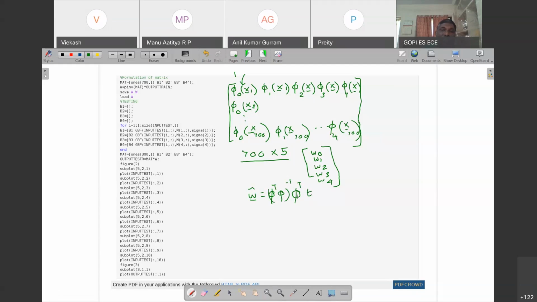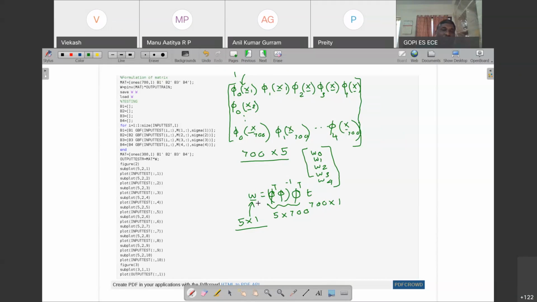Remember that you have here 700 cross 1, right? So this will end up with what? Phi cross 700, and hence your w vector is going to be what? Phi cross 1, right? So now after getting this w, as I told you, I will not write cap. Let me put this as w itself for writing purpose, right?